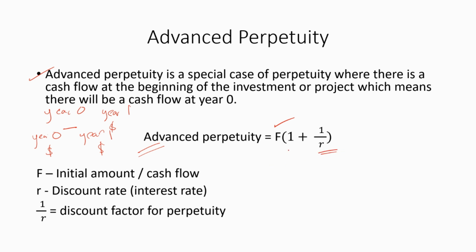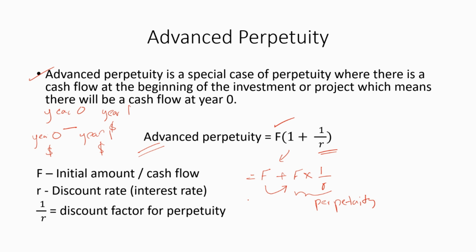Now let's expand this formula. This equals F plus F times 1 over R. You can identify this segment. This is the formula to calculate the perpetuity as we just discussed earlier. So what we have to do is just add the initial amount to this perpetuity. So we can calculate the advanced perpetuity.